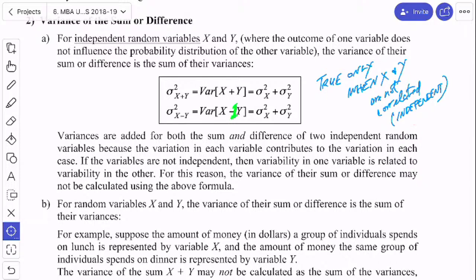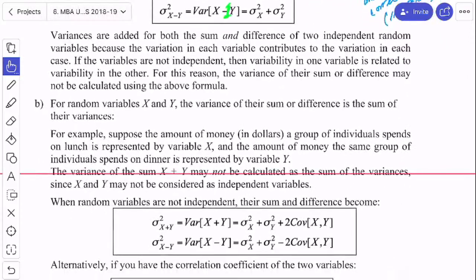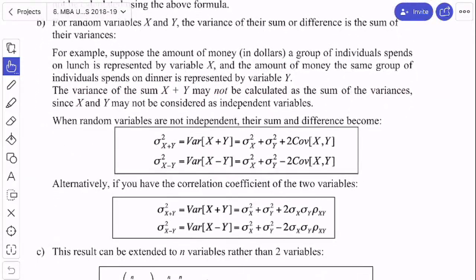But what if they're not independent? What if they're interdependent? What do I do? I have these results. In general, the variance of a sum of variables is equal to what we had above, but an extra term, which accounts for their covariability.